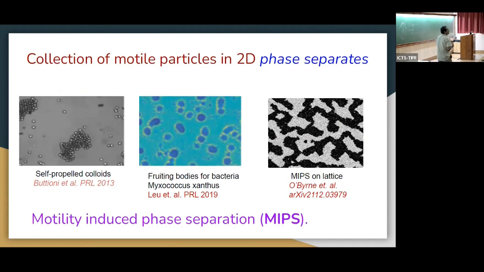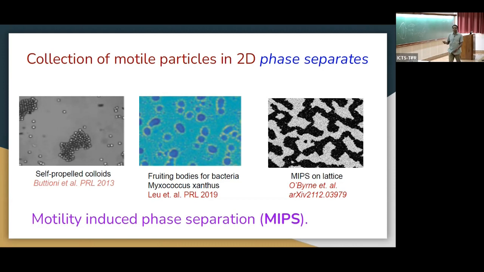Now what will happen if you take a collection of particles? If you have a collection of motile particles, it seems they phase separate. That is the claim seen experimentally in many situations. You can see their phase separated state, and the question is whether what you see at short times is stable, or whether, as we saw previously, these are unstable and it is only for a short time that you see them as stable.